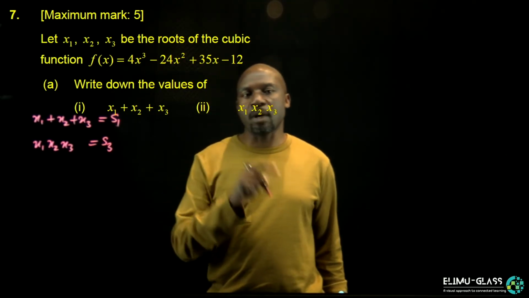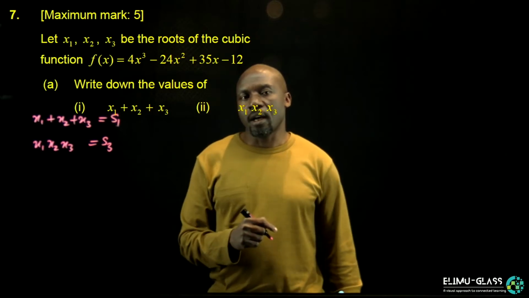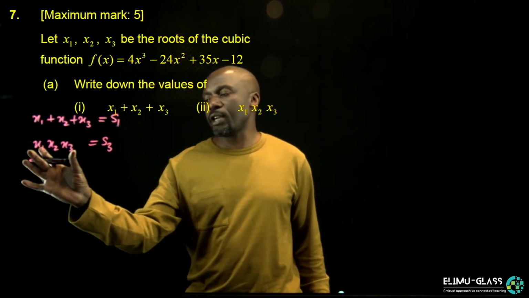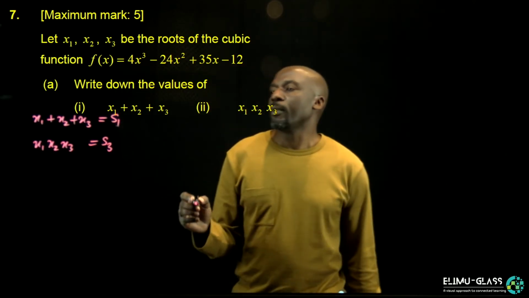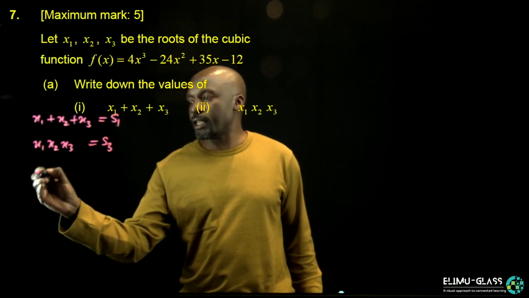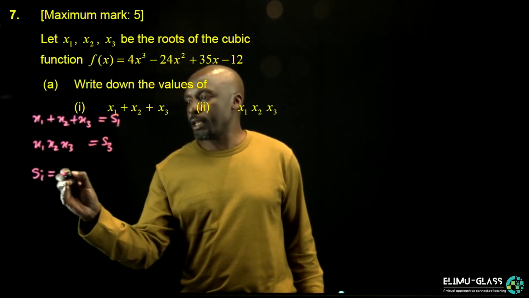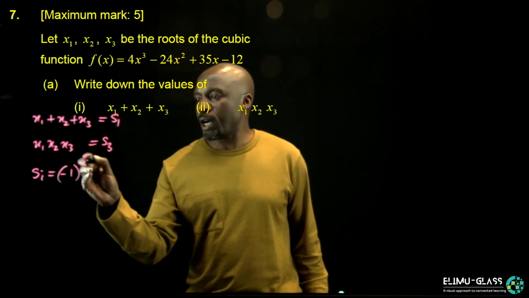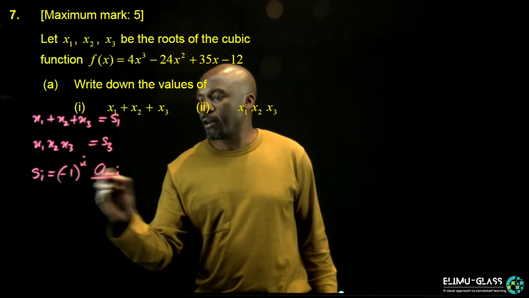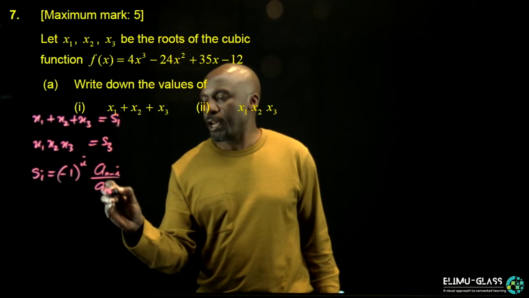So if this was a polynomial with more than 3 roots, then we would be adding the product of roots in triples like this. All right, so from the rule, we have that Si is (-1) to the power i times a_(n-i) over a_n.